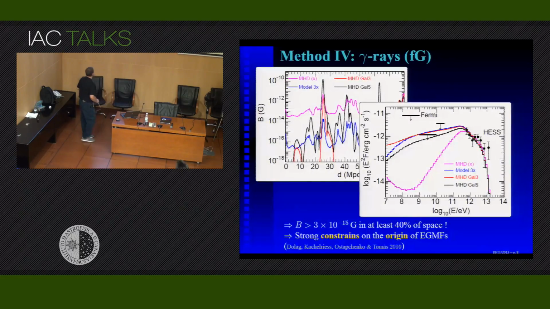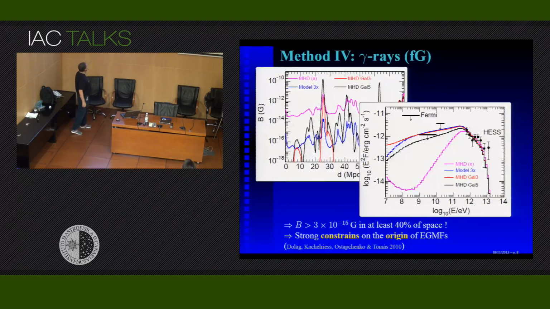And as I said, the interesting thing about this last method is that it depends really on the deflection of the cascade all along the way. So if a part of the way is not filled by magnetic field, it will completely destroy your signal. So you can not only get some limits on a value of the magnetic field, but also on the filling factor.